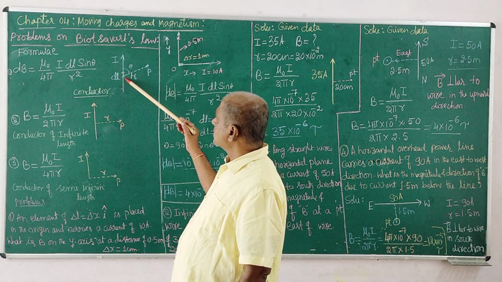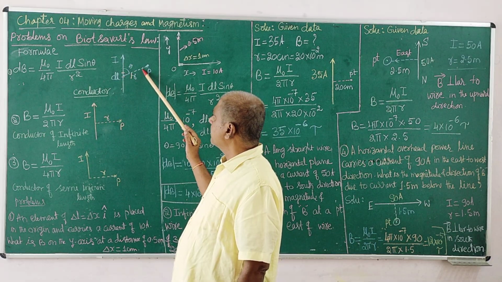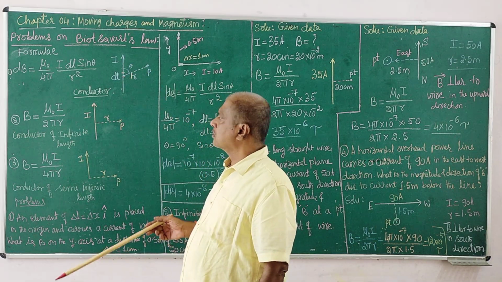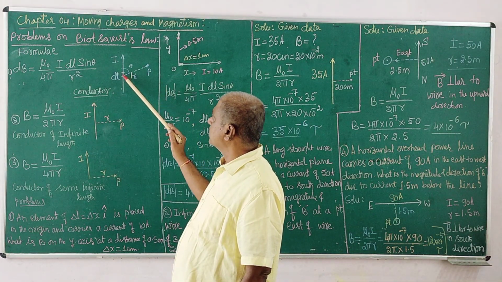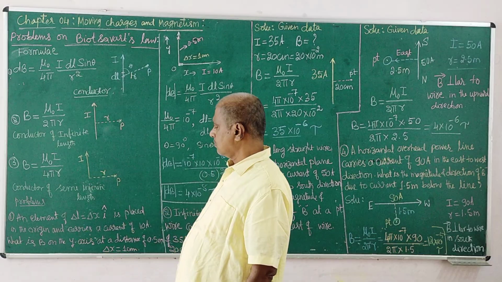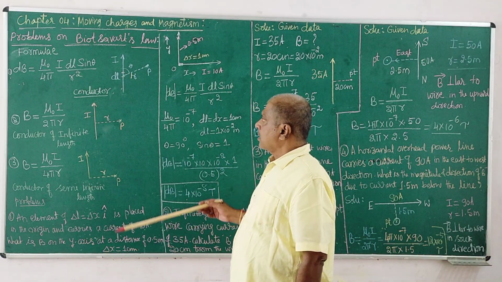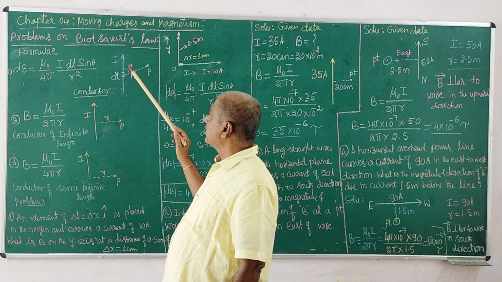One line is the straight conductor, the other line is the position vector of the point with respect to the length of the conductor. The angle between these two lines is theta, sin theta.